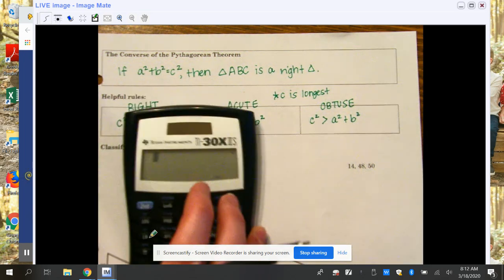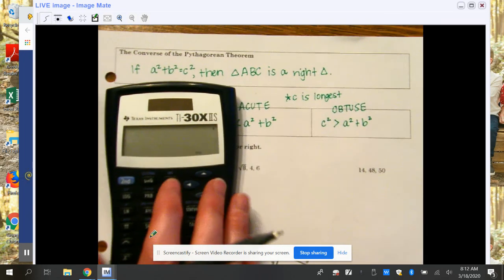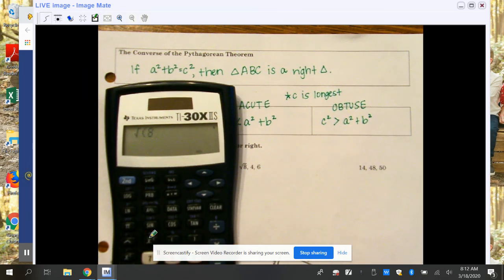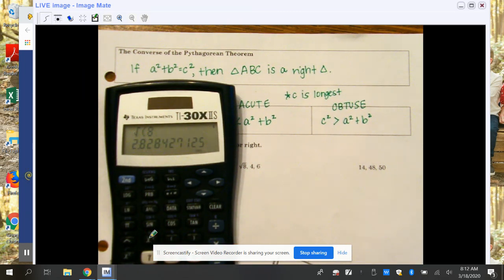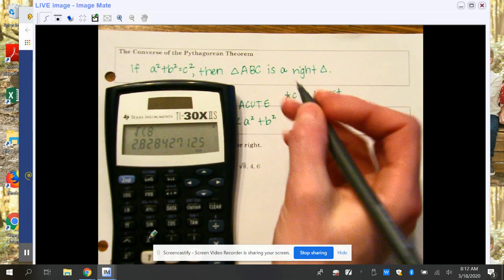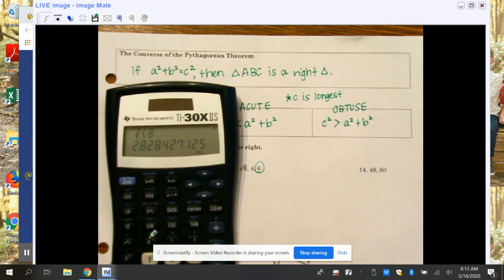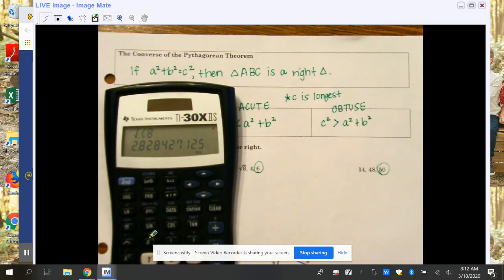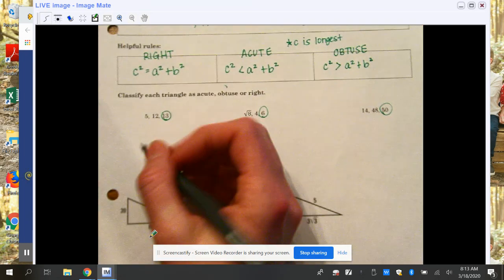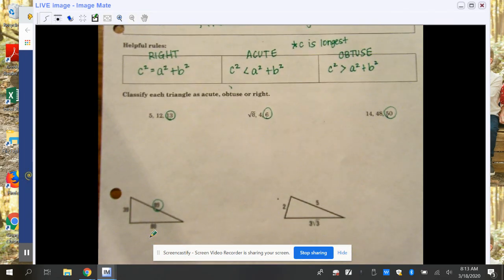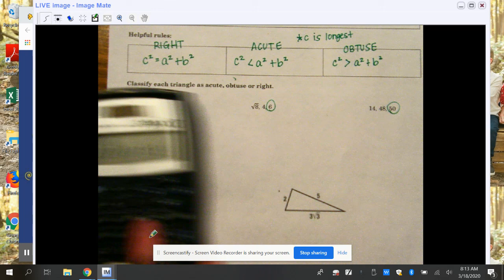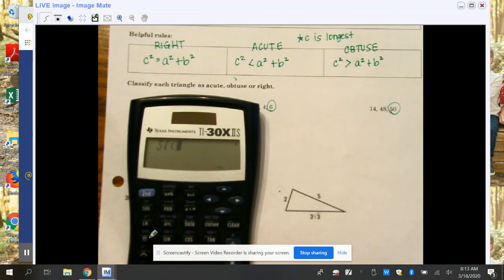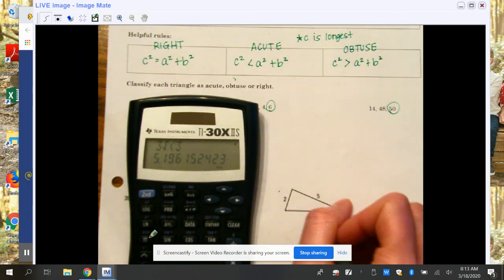I know the approximate, but just type it in if you're not sure. So if radical 8 is about 2.8, that means that 6 is the longest side. 50 is going to be the longest side. 89 is the longest. And same with this one. I don't really know what 3 times radical 3 is. It's 5.2, so that means it's bigger than that.